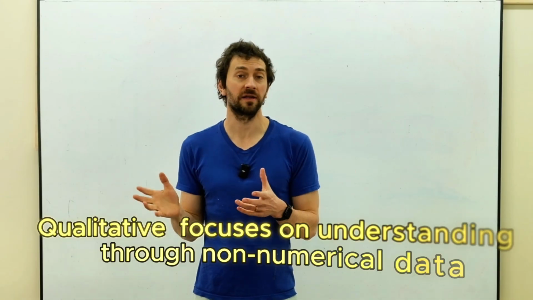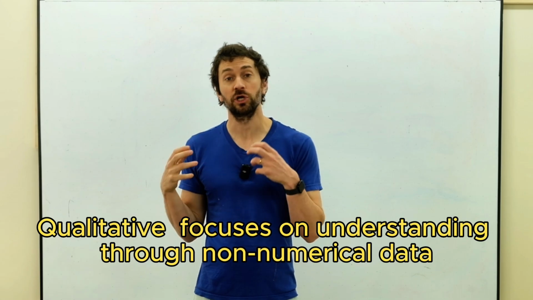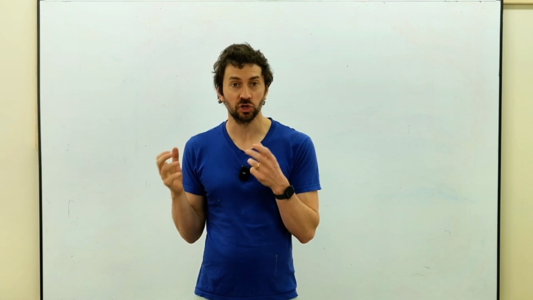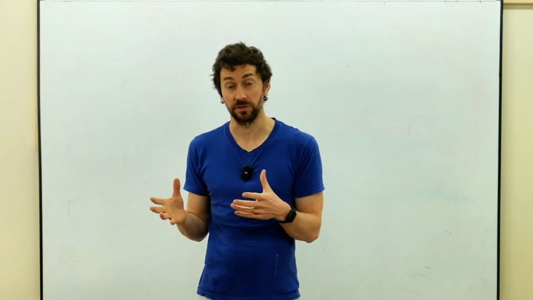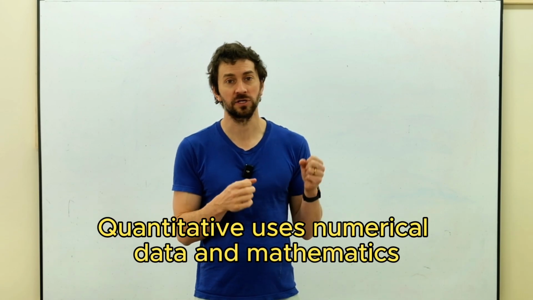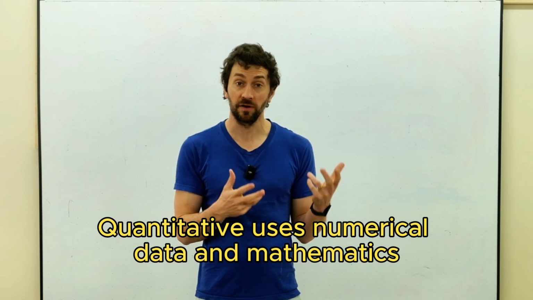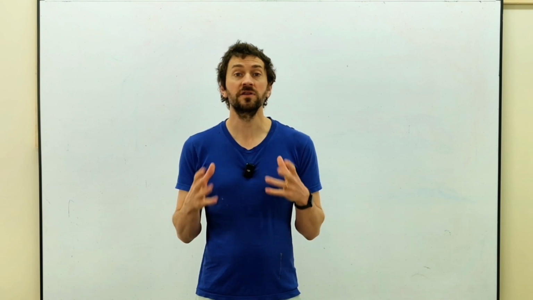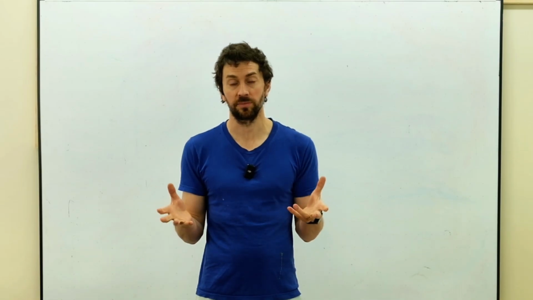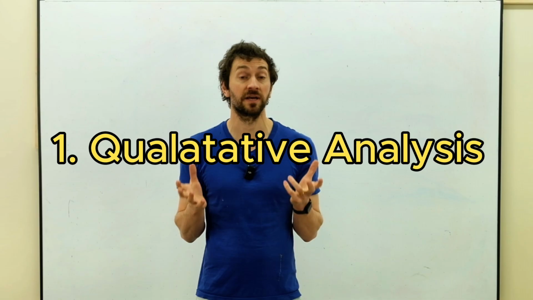So qualitative is where we talk about qualities. And the idea is we're going to use words and descriptions and English rather than equations. Quantitative uses quantities. That is, we're going to use numbers and variables and equations and algebra and math. And in physics, we need both these kinds of descriptions. The first part will have a question, and you have to do qualitative analysis.